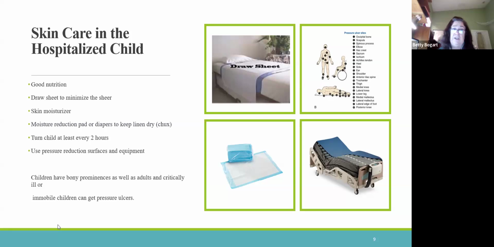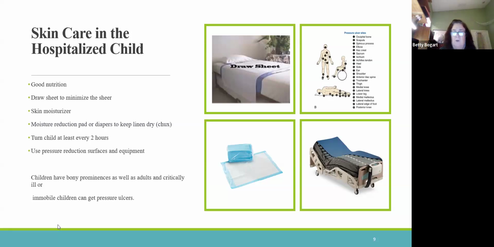We're going to turn them, position them, and use all sorts of pressure reduction equipment. I love Beanie Babies, especially on the little infants. If they're intubated, I would put one underneath their ET tube so they could look at it. I'd have them hugging one between their legs, holding them so they're not rolling back over.